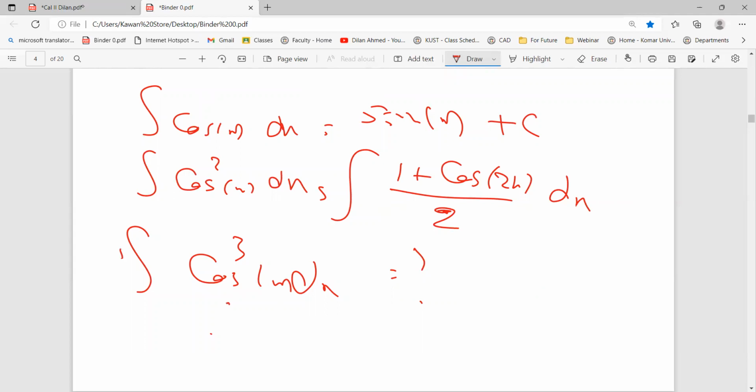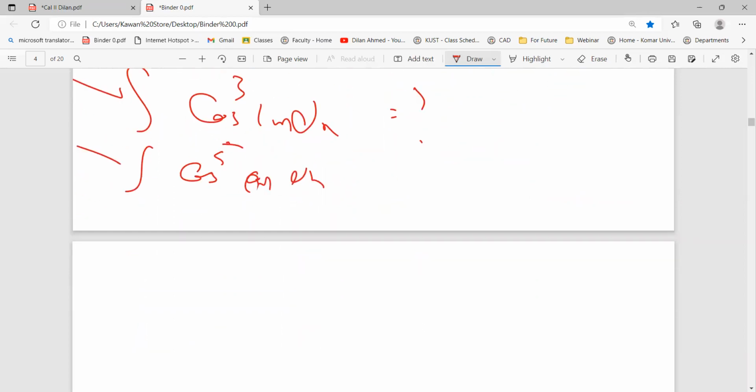So if you know how to solve 3, of course you know how to solve 5, because it is the same idea, odd, odd, alone, alone. Okay, today I say if you have sine, cosine, but where's sine? Where's sine? I'm going to solve that one for you before the example.